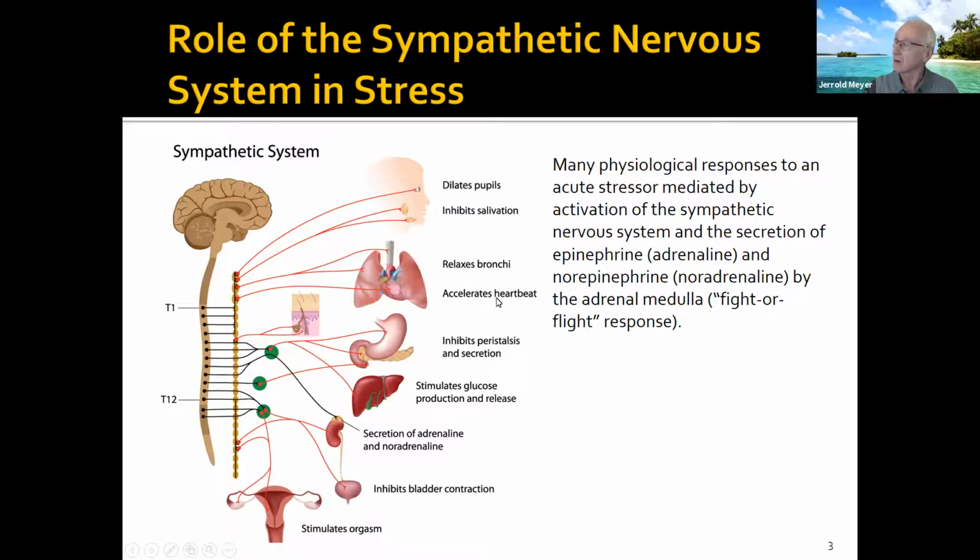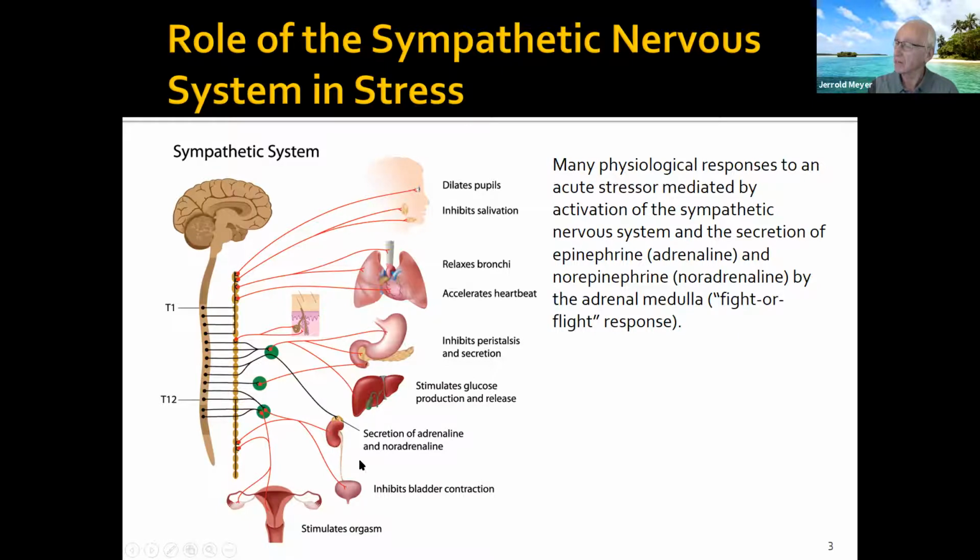The heart rate is accelerated, of course, to speed blood flow. Peristaltic activity, smooth muscle in the gastrointestinal system, is inhibited. So this is part of the general inhibition of digestion. I mentioned glucose production and release by the liver.